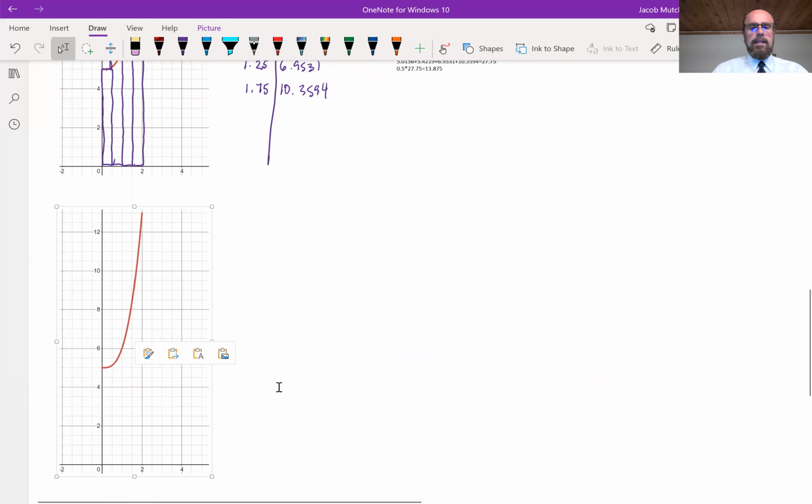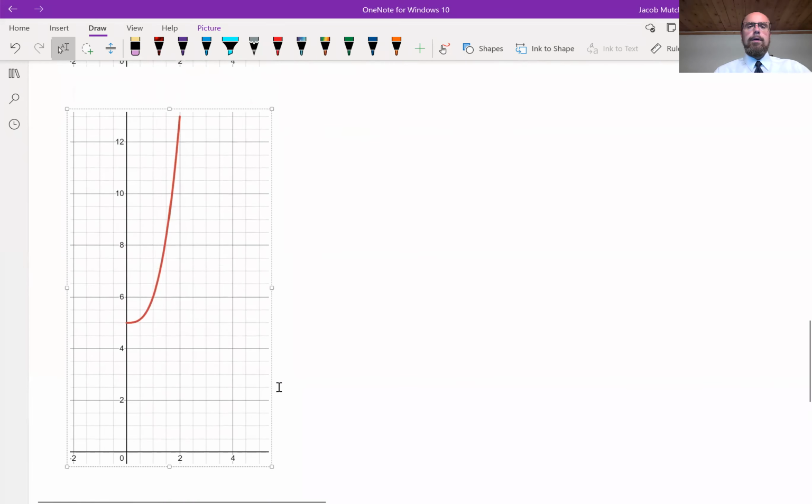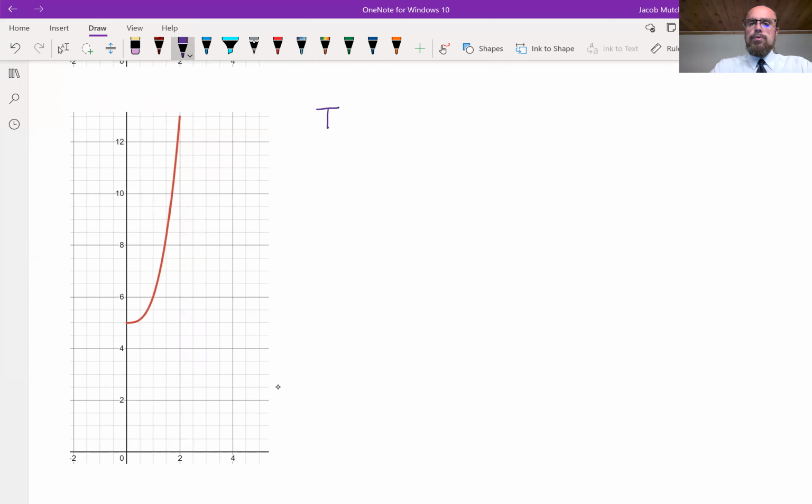Let's compare that again with our final sum. It's not a Riemann sum, it's called the trapezoidal sum. And instead of using rectangles, the trapezoidal sum uses trapezoids. Again, let's visualize it.